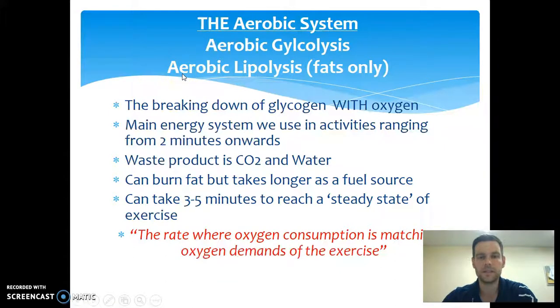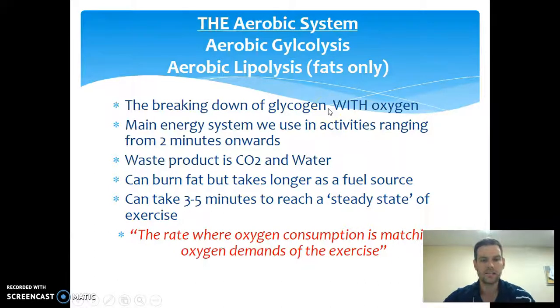The difference with this system is that because we've got enough oxygen present, we can actually break down fats. Lipolysis means the breaking down of lipids, another term for fats. So aerobic lipolysis is breaking down of fats with oxygen, and aerobic glycolysis is breaking down of glycogen with oxygen.